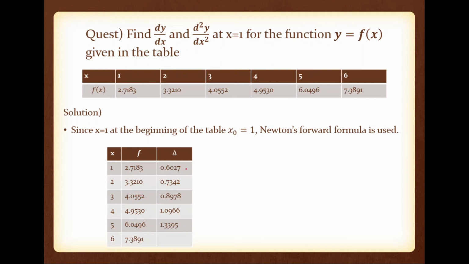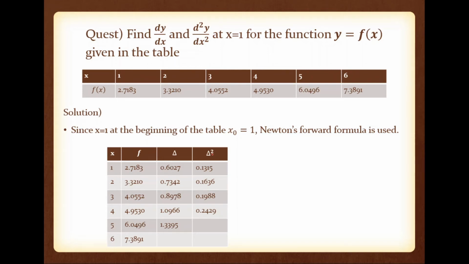Now by using this one, we have to find the second order finite forward difference, that is delta square. So what is delta square? By using these first order finite forward differences, we have second order finite forward differences: 0.1315, 0.1636, 0.1988 and 0.2429.